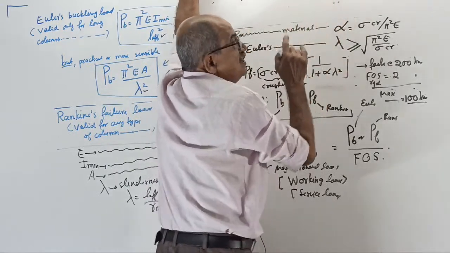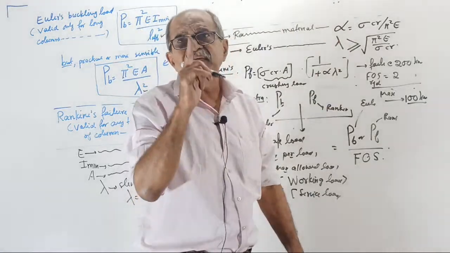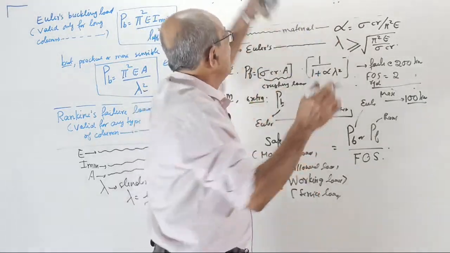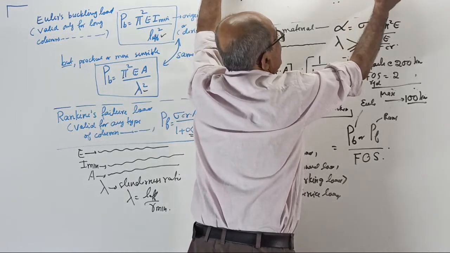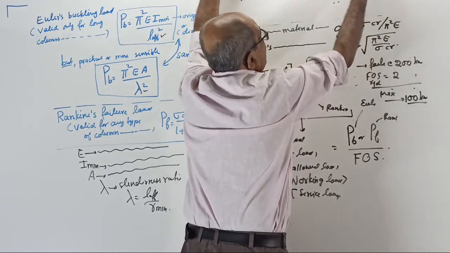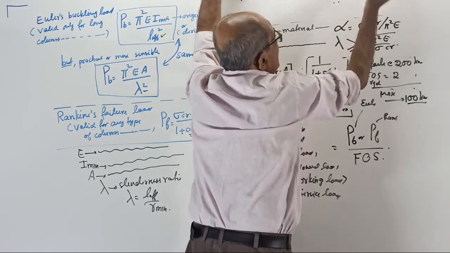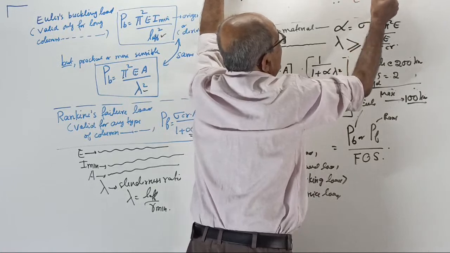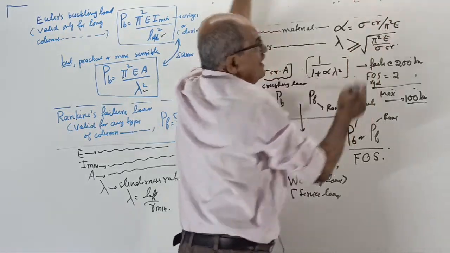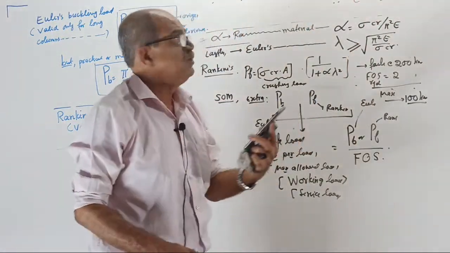Therefore, column should fail, meaning either buckling or by Rankine's formula. The column should fail at what load? 500 divided by 2. How much is the answer?